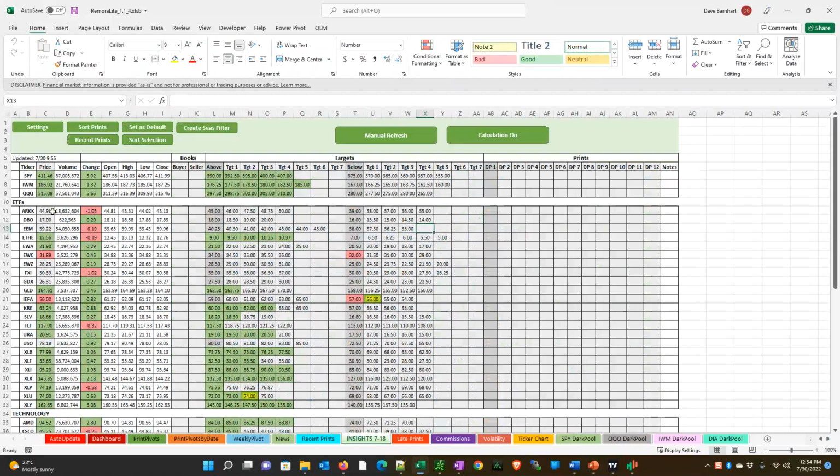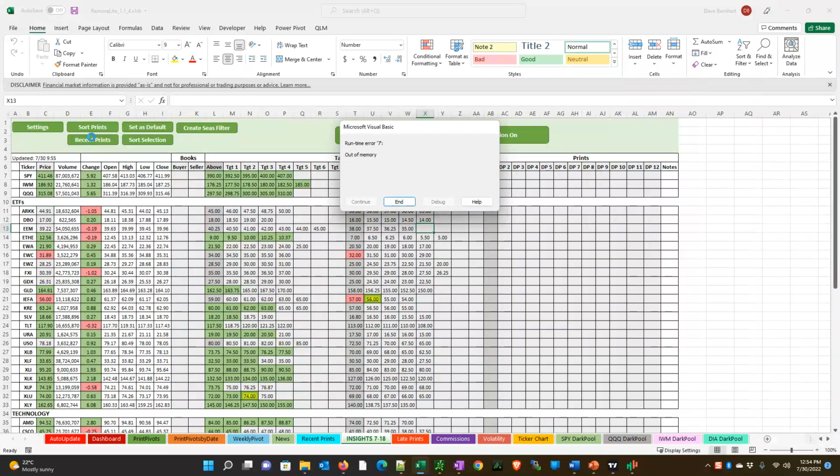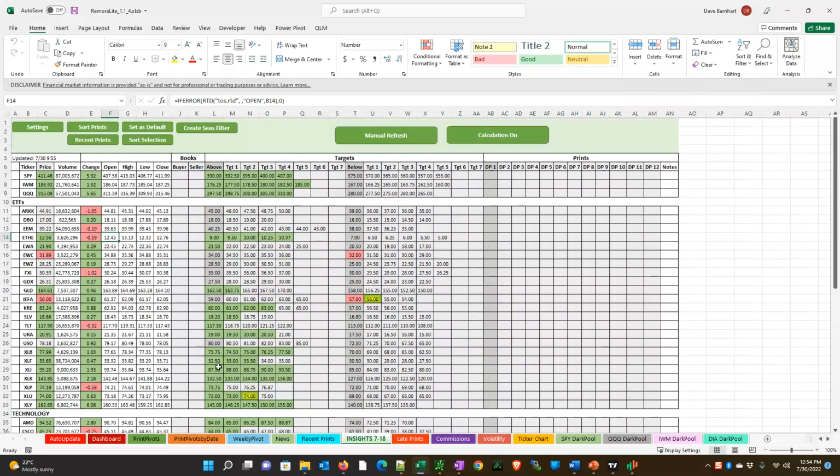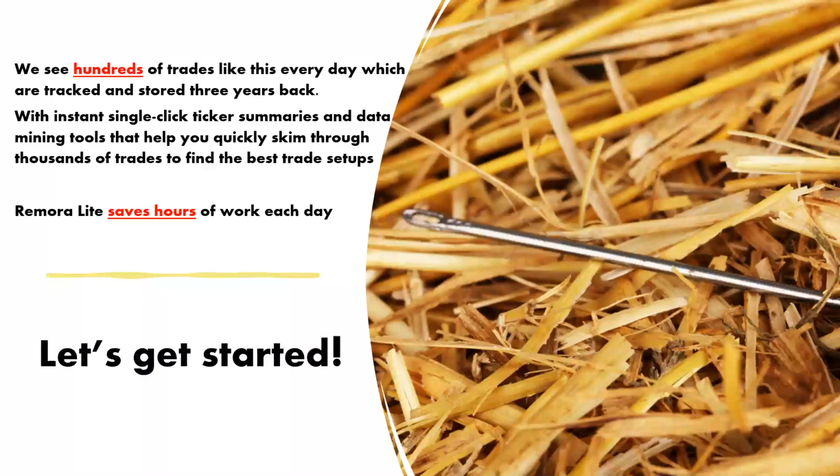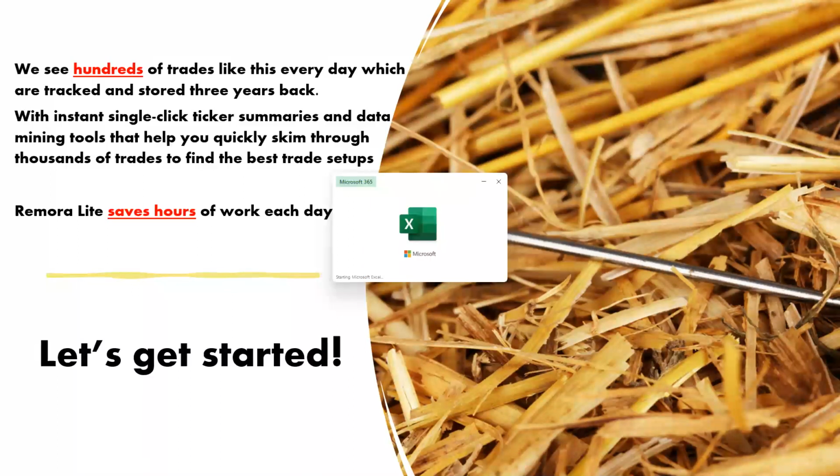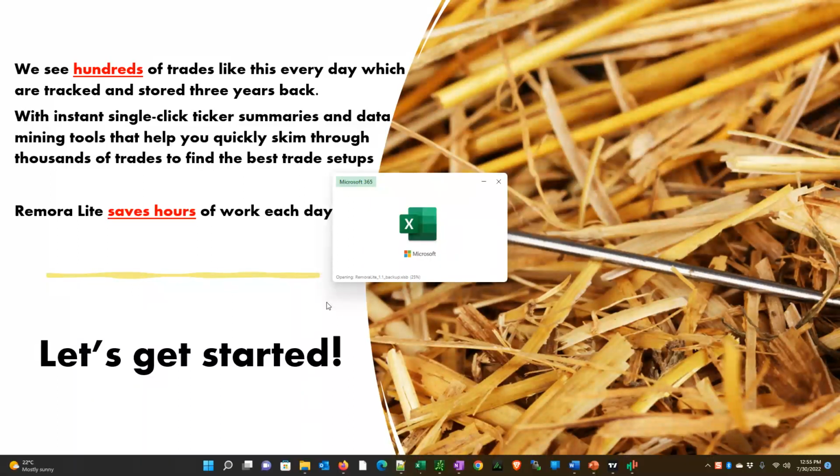Okay, so we'll come back here. I'm going to choose recent prints here. I've done something. Out of memory. Try one more.